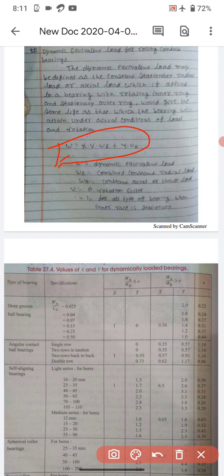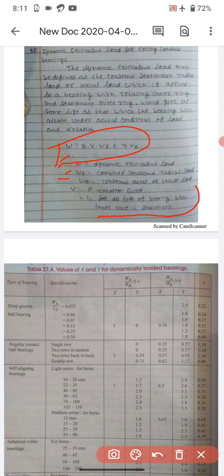W is the dynamic equivalent load and WR is the combined constant radial load. WA is the constant axial or thrust load. V is a rotation factor and its value is 1 for all types of bearing when the inner race is stationary.